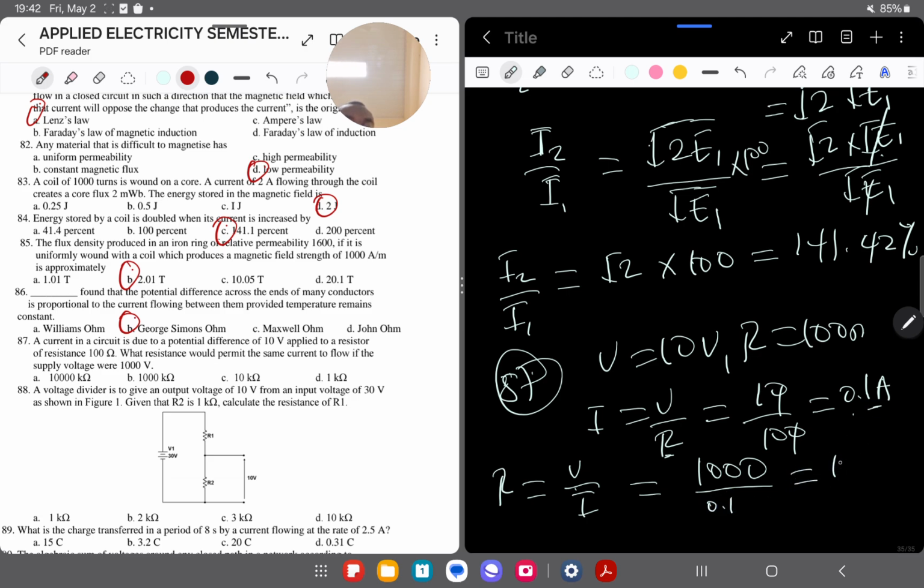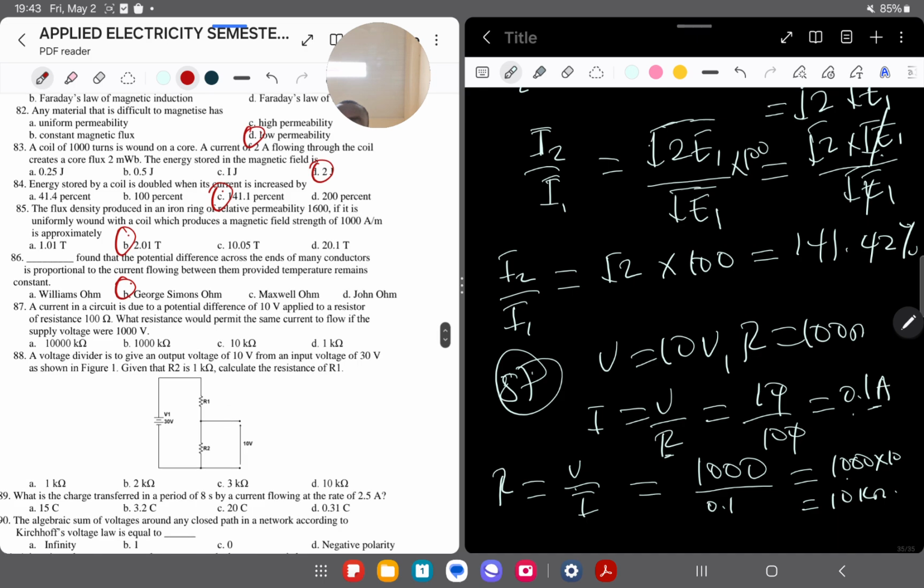That is going to give me 1000 times 10, so you get 10,000, which is just 10 kilo ohms. If you look at the answers, they are expressed in kilos. So that will be C, 10 kilo ohms. So question 87 is C.